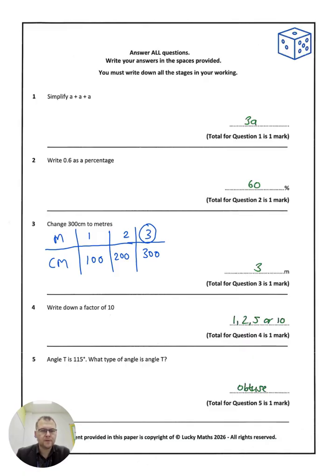So for instance, the first 5 questions, the 1 mark ones, hopefully that is fairly obvious. But again, possibly using a ratio table to help with question 3 when it's the metric conversion. Using, obviously, 1 meter is 100 centimeters as a layout, possibly to help get 3 meters for that.